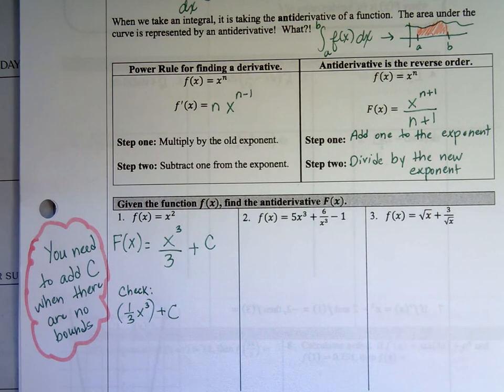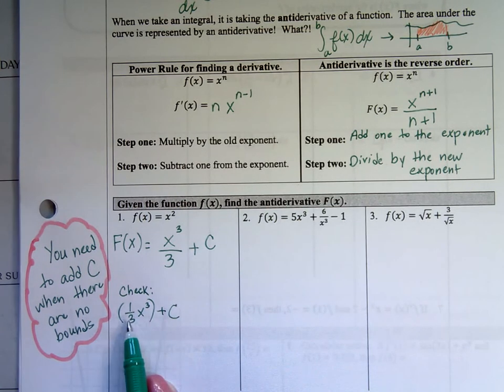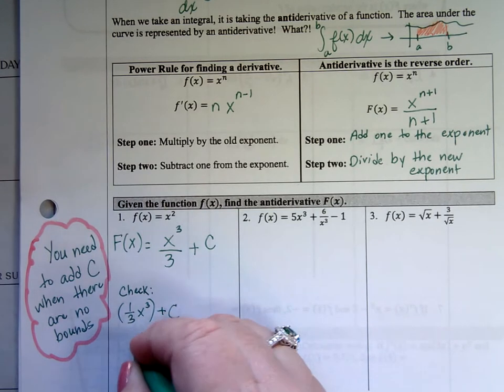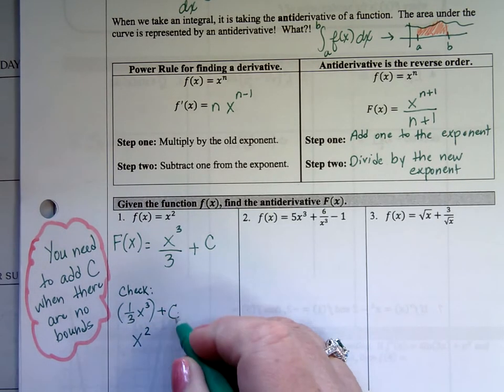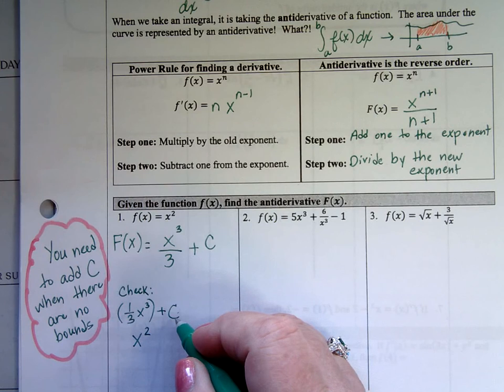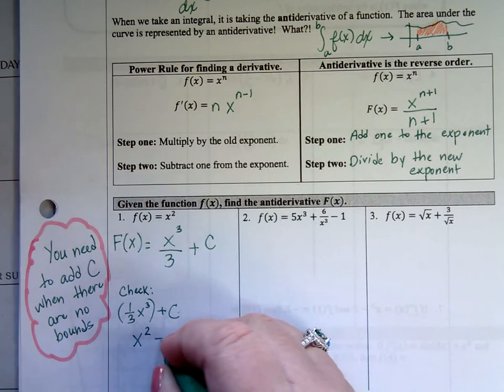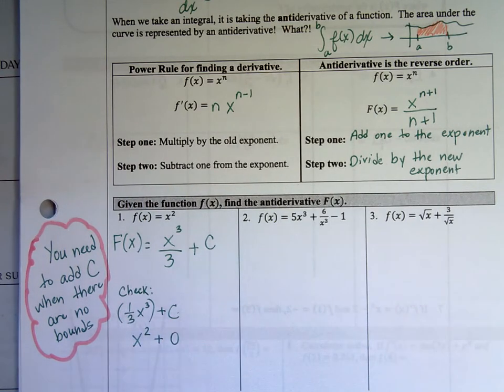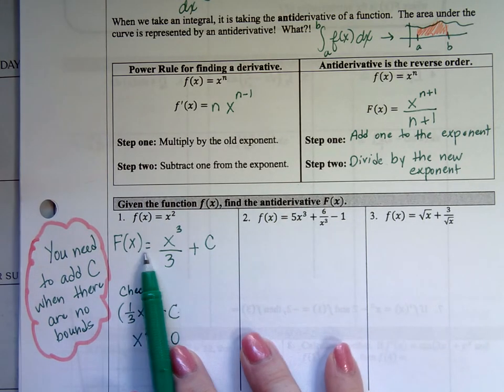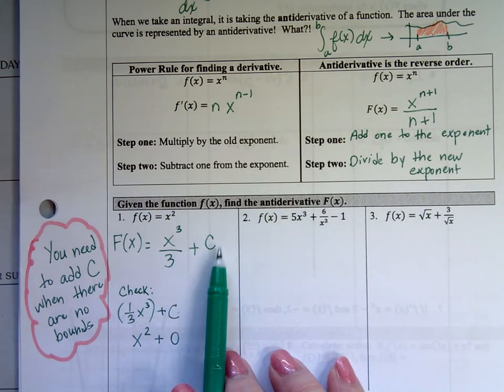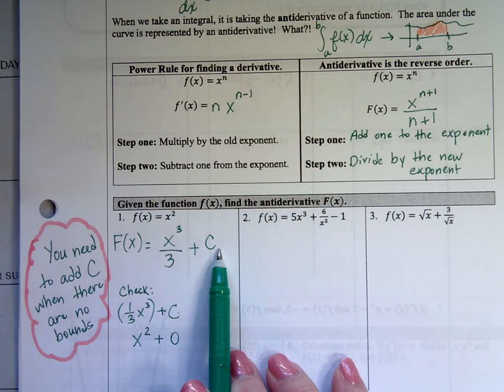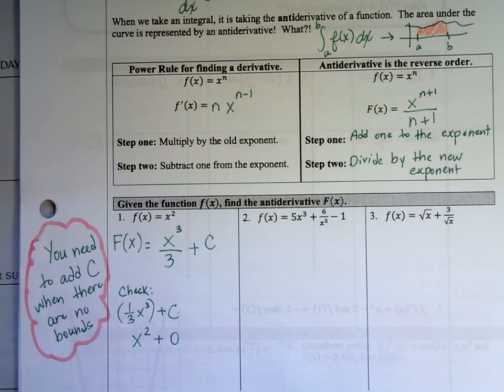So if I find the derivative of that, the 3 comes down in front and I take x to 1 less power. So I end up with an x squared. And what's the derivative of a constant? 0, right? So when I find these antiderivatives, there always could be some kind of constant added or subtracted to the function. And all that does graphically is shift it vertically.